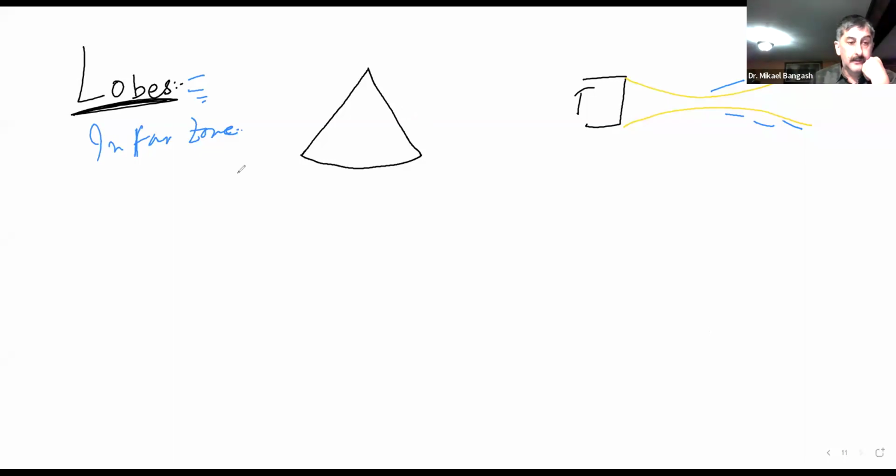So if this here was your focal point, then anything beyond that focal point here will be the far zone. And what we saw in this far zone would be the lobes.